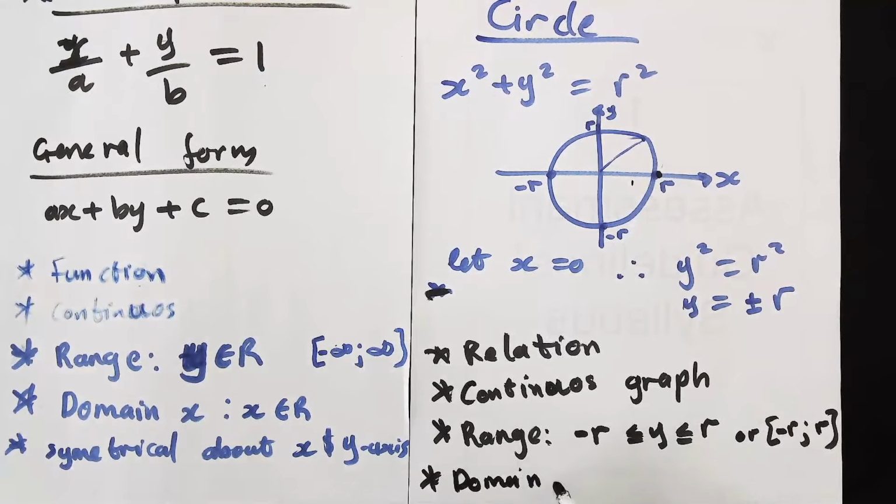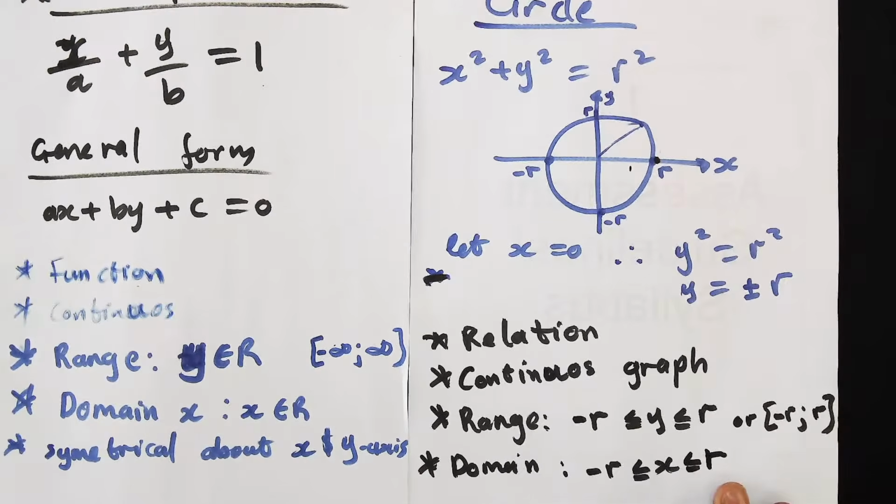It is the same thing. x must be between negative r and positive r, greater than or equal to negative r and less than or equal to positive r. That is the domain, and you can express the domain of the graph in that format.